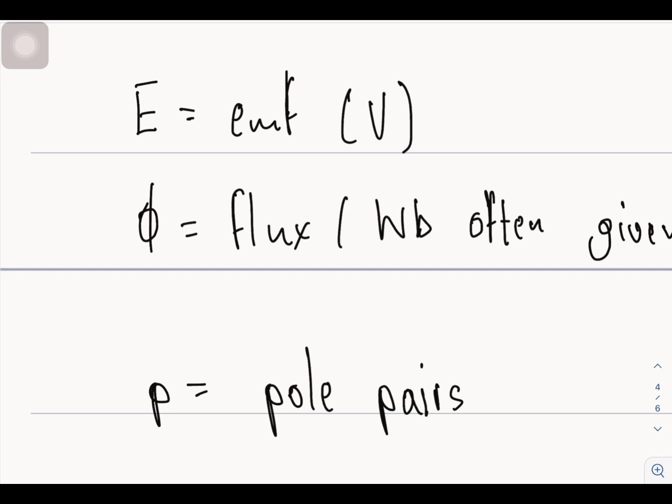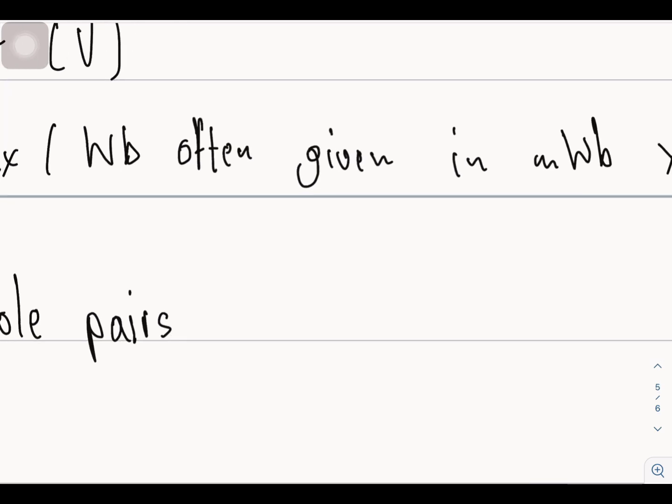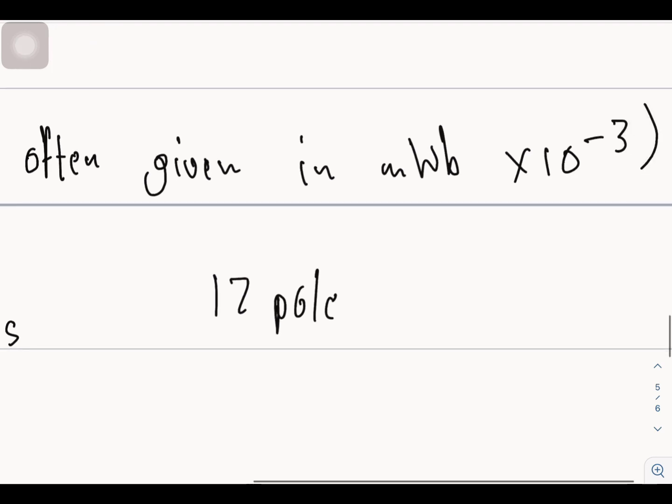If we have, let's say, 12 poles, the total number of poles is 12, that means it pairs up as 6. You just take the total number of poles and divide it by 2, then you get the pairs.